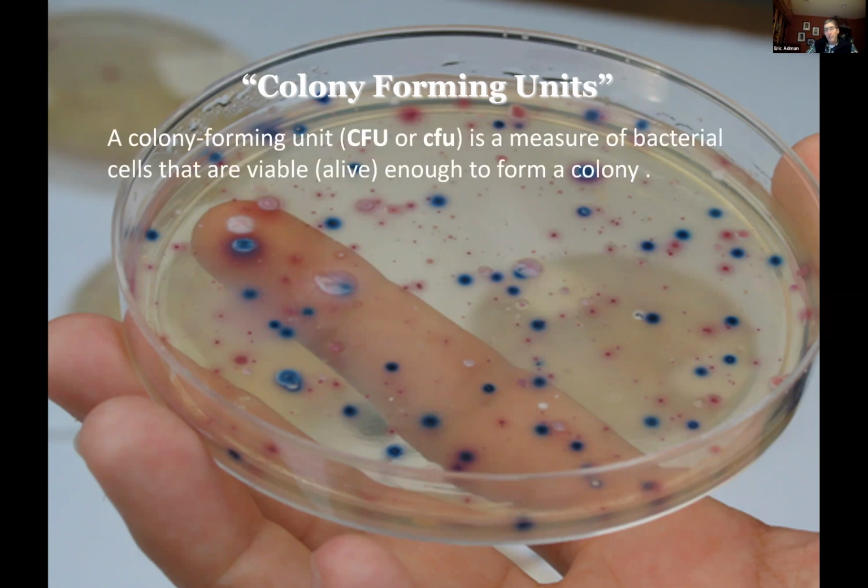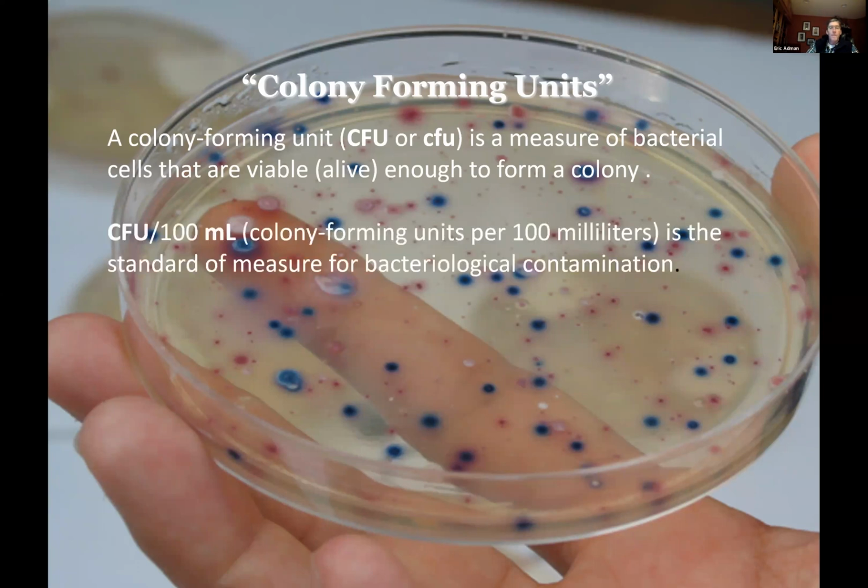So it's a big enough group of cells that it forms a colony and you can see it. The standard used for measuring is the number of colony forming units in a 100 milliliter sample. That's the standard used by agencies for communicating how high the bacteria level is.